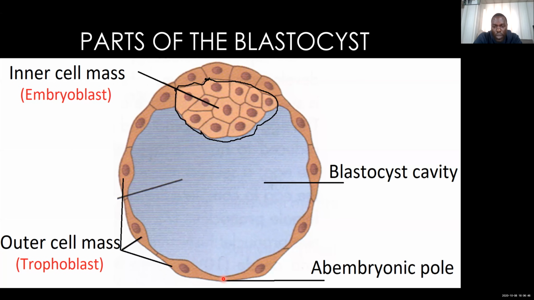The embryonic pole is the side that is used during hatching. And this is the side that the blastocyst is going to use for implantation.